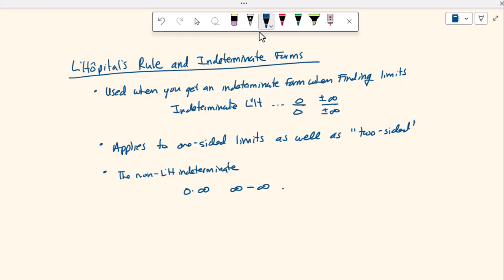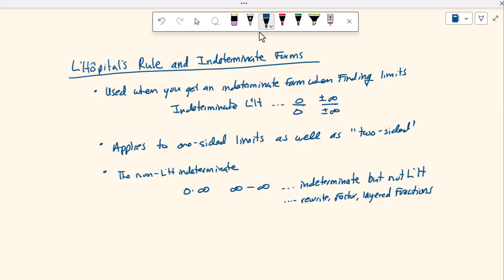And if we get these, they're indeterminate, meaning I can't figure out the limit, but not L'Hopital's. So what I would do if I get one of these forms is I would rewrite, factor, cancel, get rid of layered fractions or put layered fractions in. Those are some strategies that we could use here.